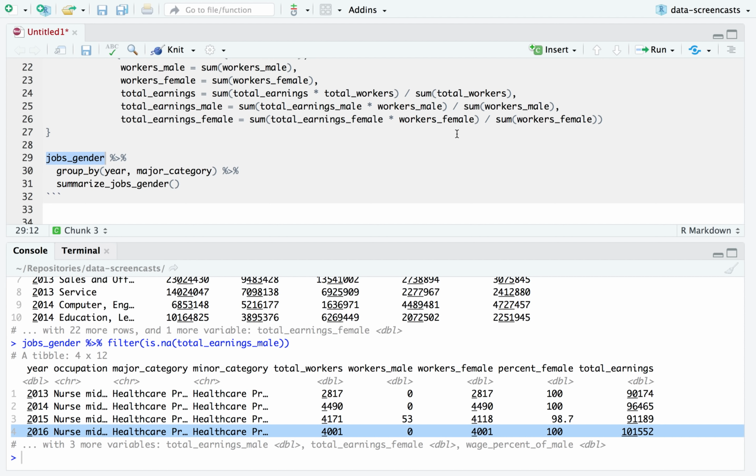And that's workers, 0 workers male, and also NA, total earnings male. Okay, so I want to sum of, that's funny, is the NA times the 0 is going to be, all right.